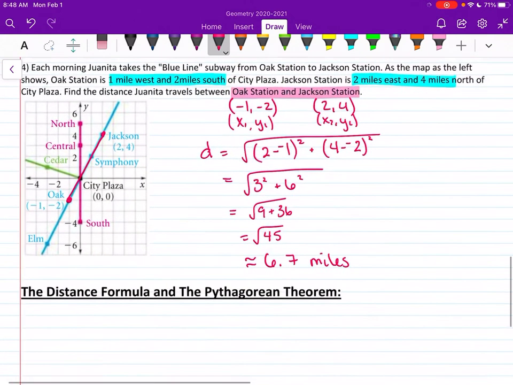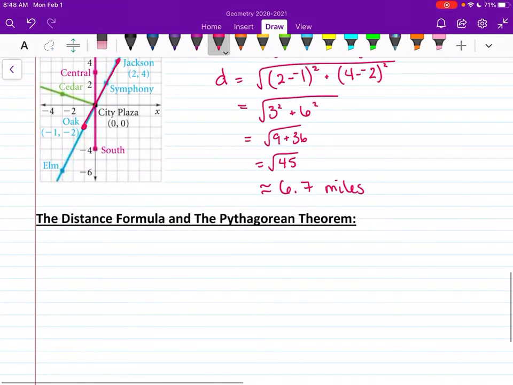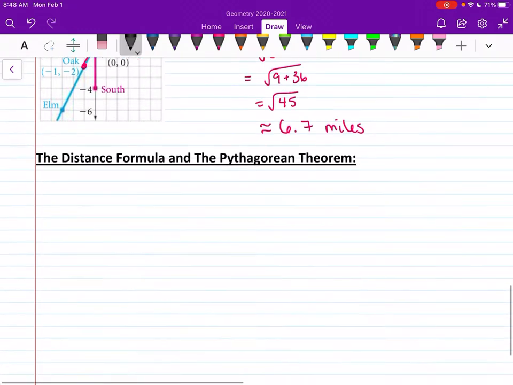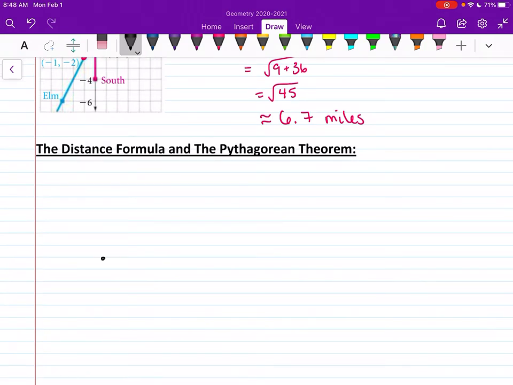All right. Next, let's talk about the relationship between the distance formula and the Pythagorean theorem. We did the Pythagorean theorem last class, and this class we're doing the distance formula. So if I have a triangle, or if I have 2 points, here's my point x1, y1, and here's another point x2, y2.